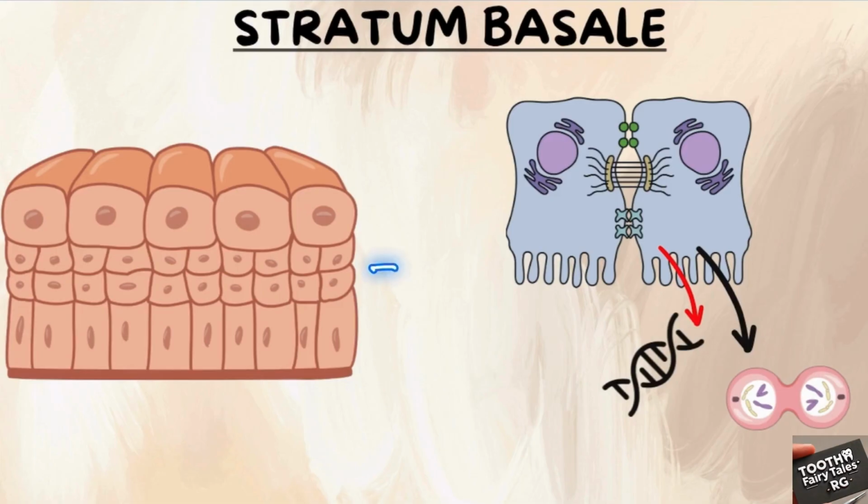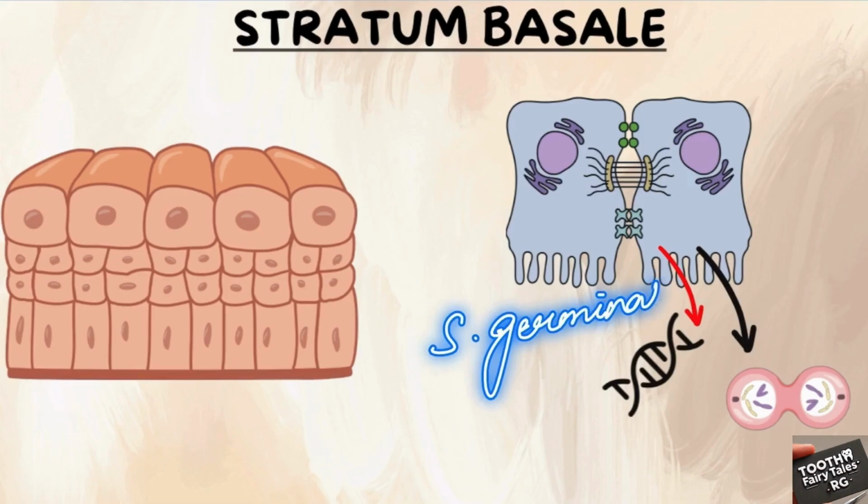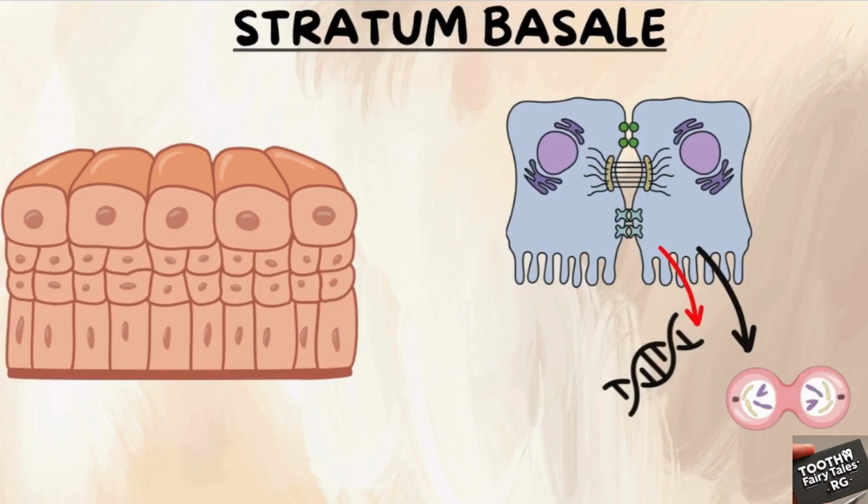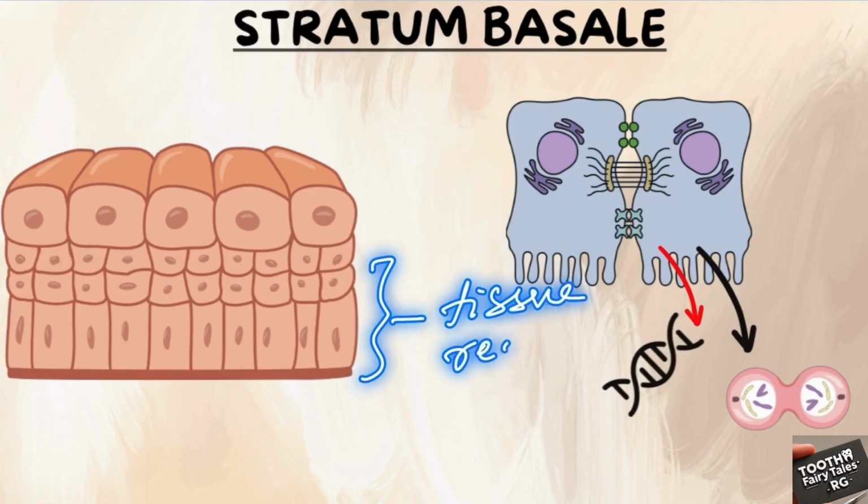Now this parabasal spinous cell layer along with the basal cell layer together is known as stratum germinativum. The name itself indicates that the stratum germinativum layer is important for tissue regeneration.